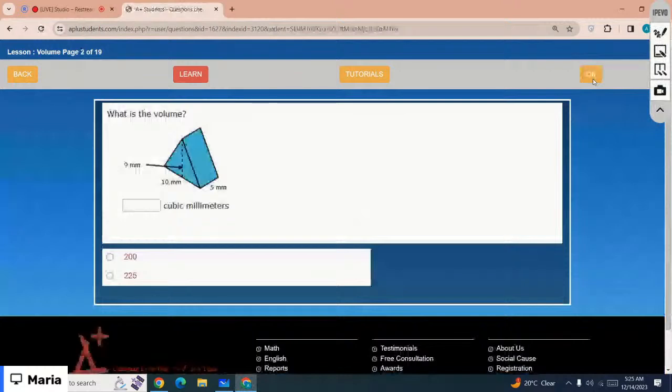Okay, the next one is, what is the volume? You are given the triangular prism. You have to calculate the volume.